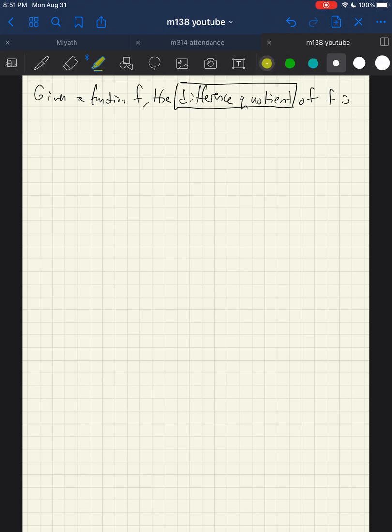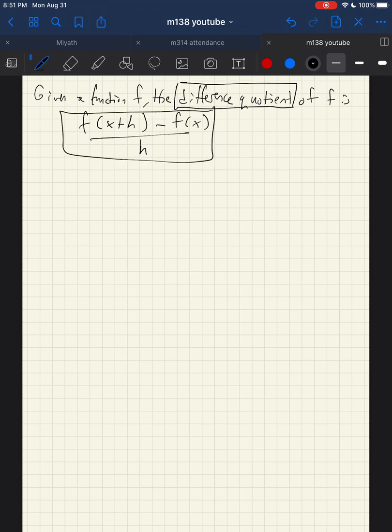I really need you to remember this. The difference quotient of f is f of x plus h minus f of x divided by h. This is something that you need to memorize.